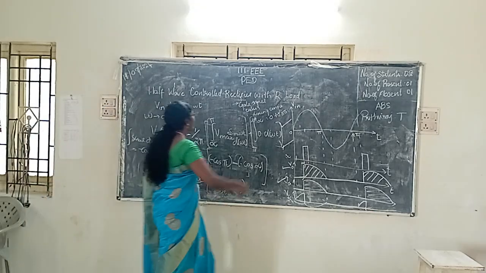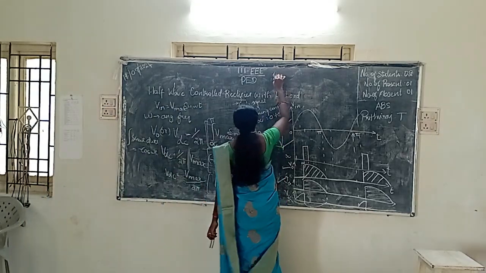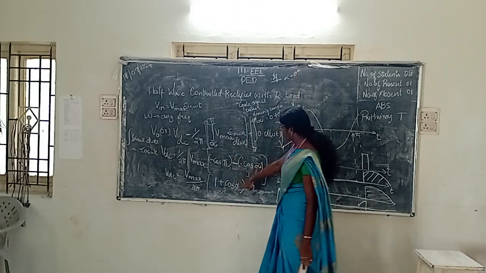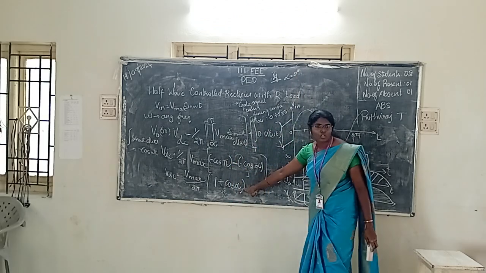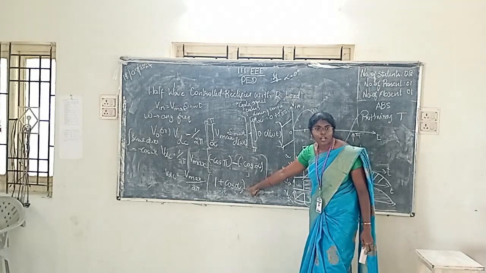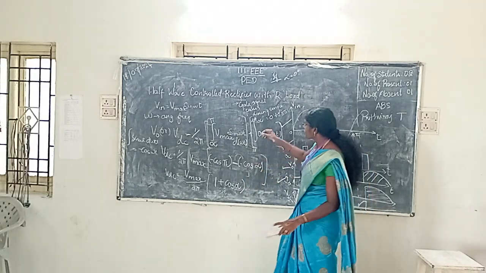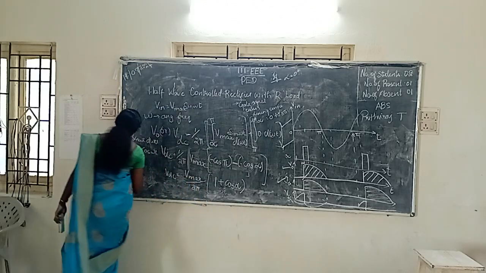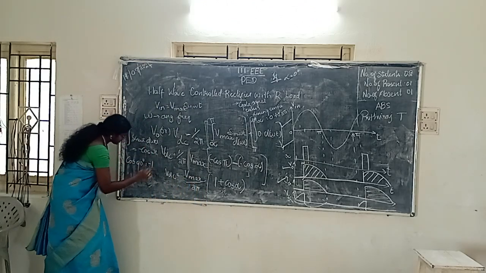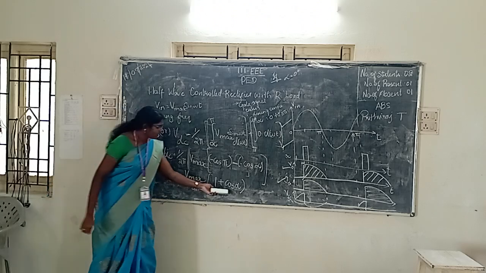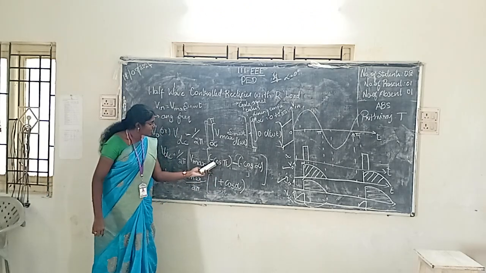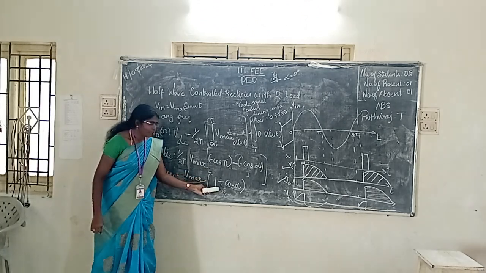Okay. Now if I substitute alpha as 0 degree, cos 0 is 1. Remember all these things. Cos 180, which means cos pi, is minus 1, and minus of minus 1 becomes plus 1.